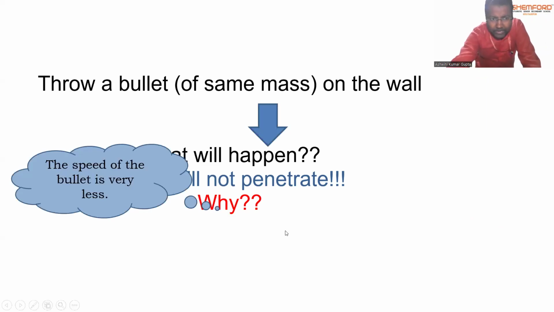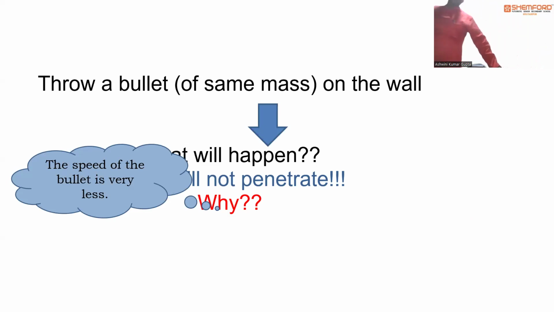Because the speed of the bullet is quite less. Yes, Diksha, that is a good one. Actually, we are going to introduce that concept of momentum, right? Yes, very good. So you people are very intelligent, right?